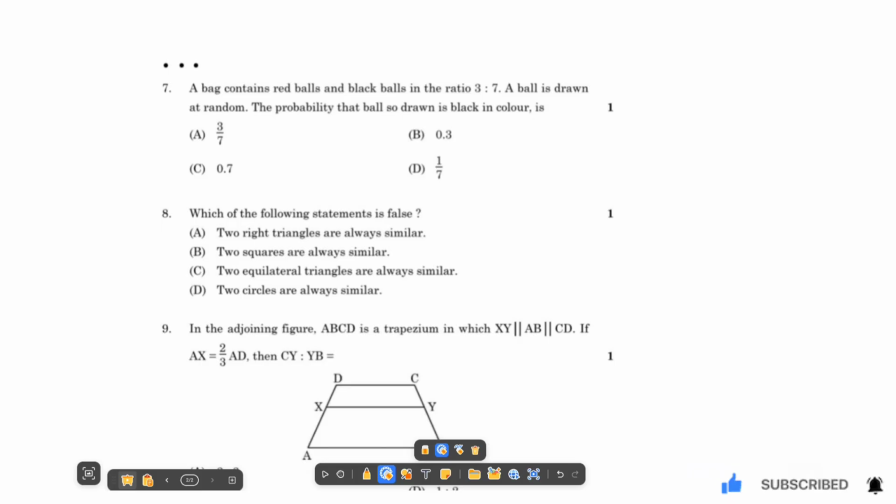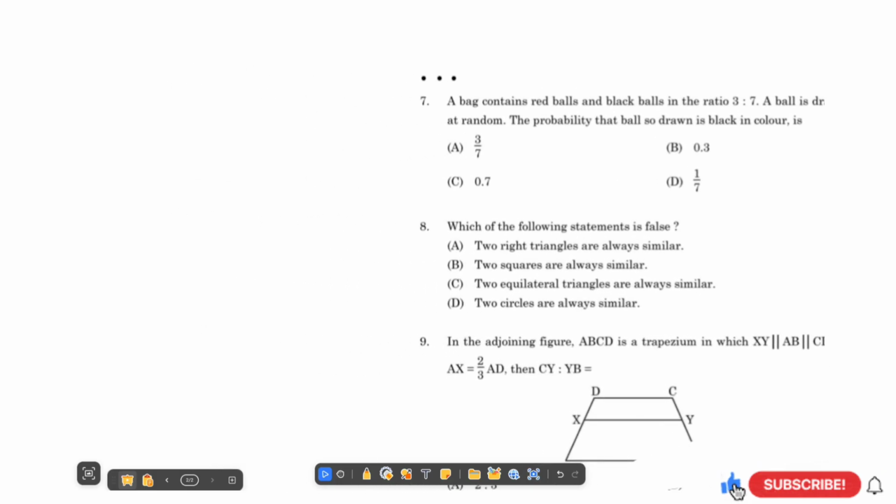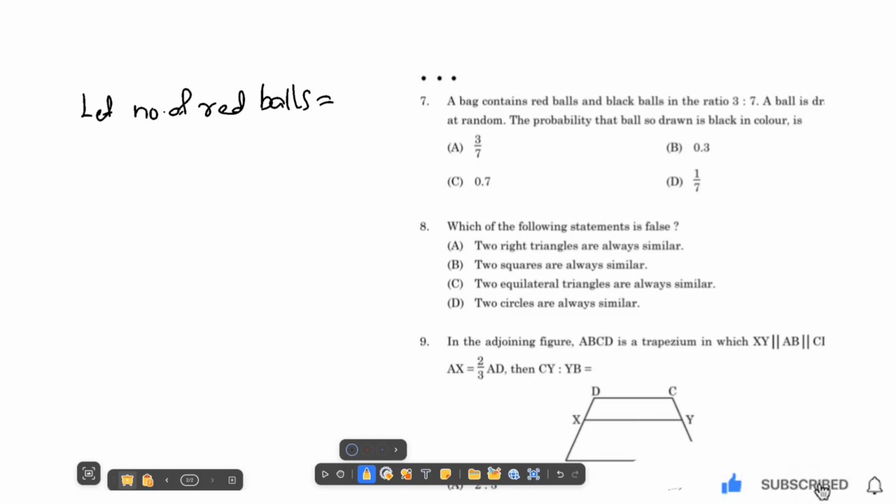So here the ratio is given. So number of red balls to number of black balls is given. So when the ratio is given, let us take x as the highest common factor for number of red balls and number of black balls. So here the ratio is given, right? So let number of red balls be, red balls is equal to, here red balls are 3 parts.